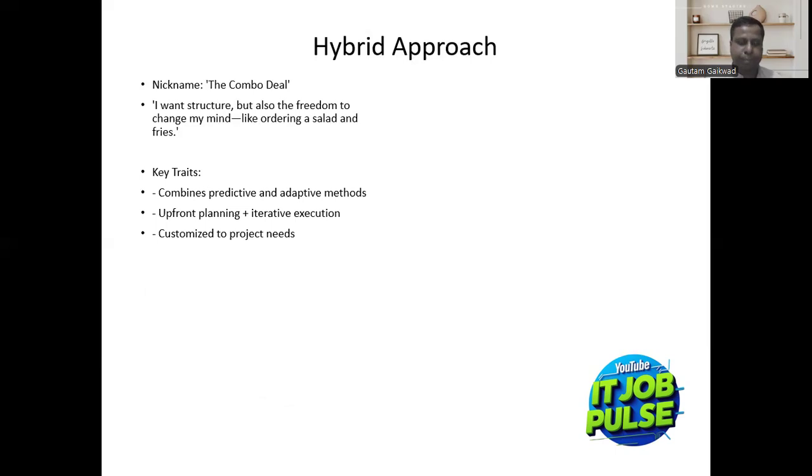The analogy is building a house with a flexible interior design. You want to build a house, we will not change anything in the design or the architecture of the house, but the interior design part we can keep flexible.